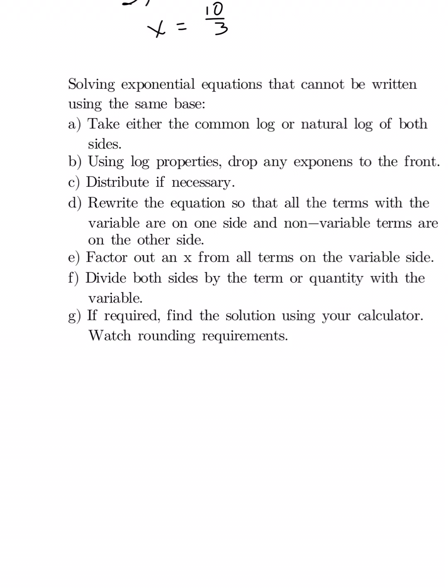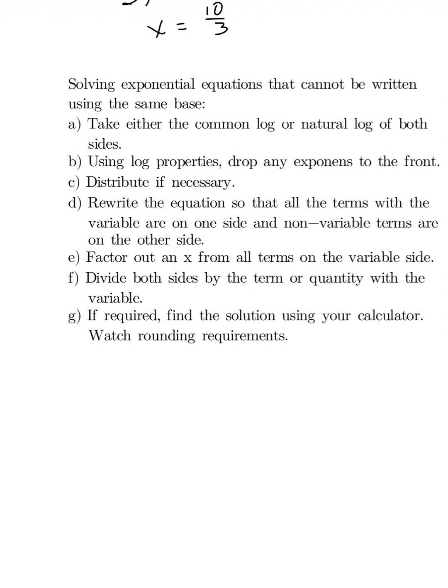When you do this, you use your log properties and drop any exponents to the front. We do this because our variables in an exponential equation are in the exponent, and we need to get them down out of the exponent in order to solve for them.